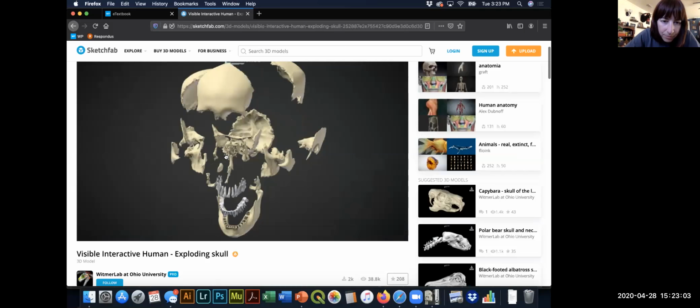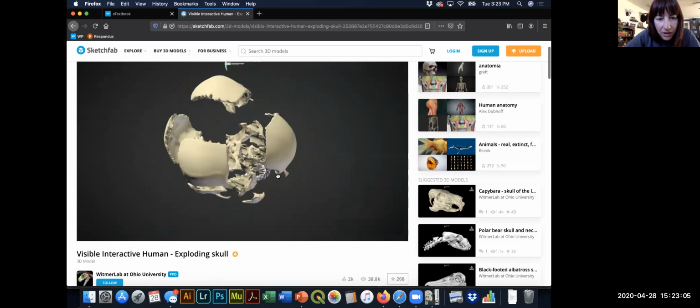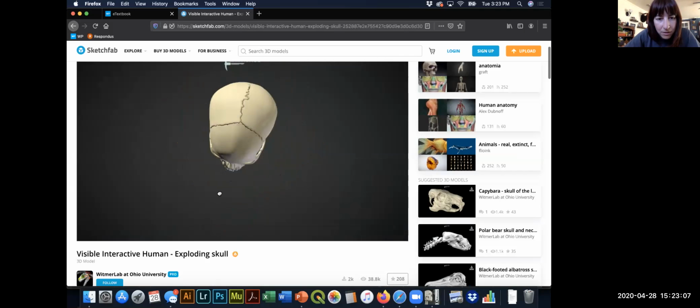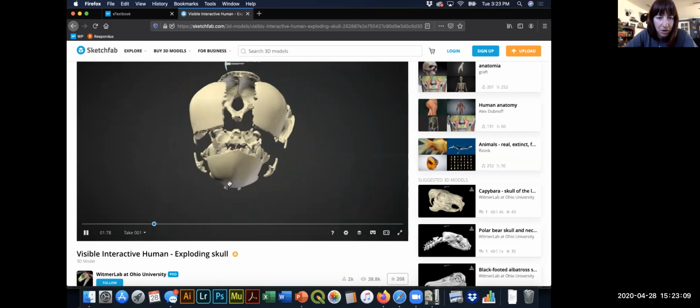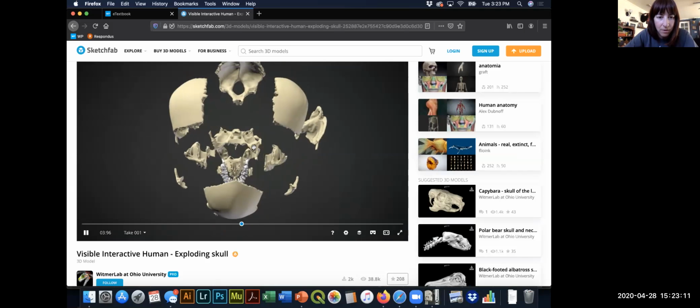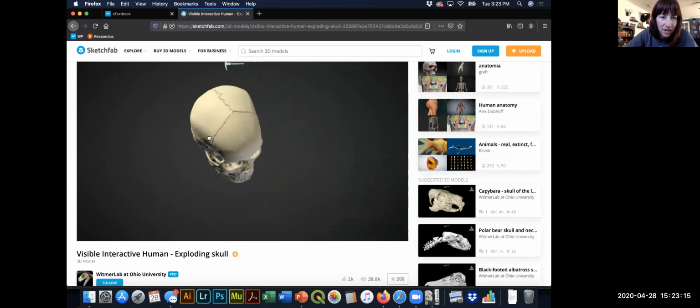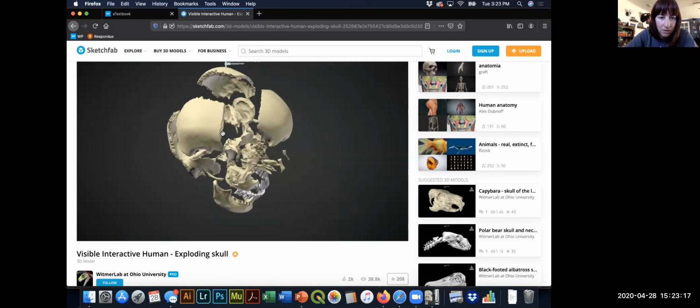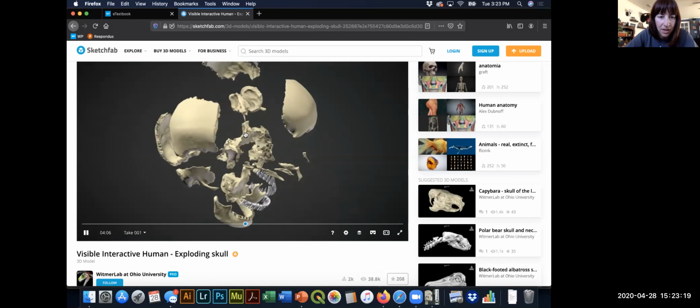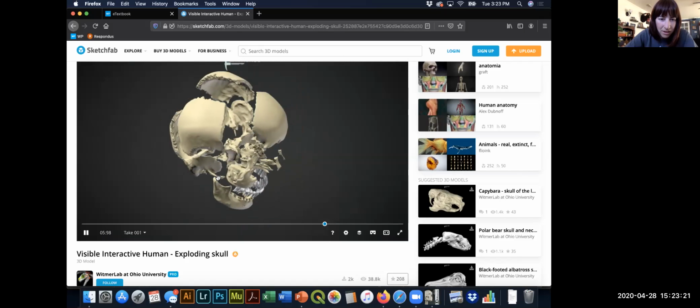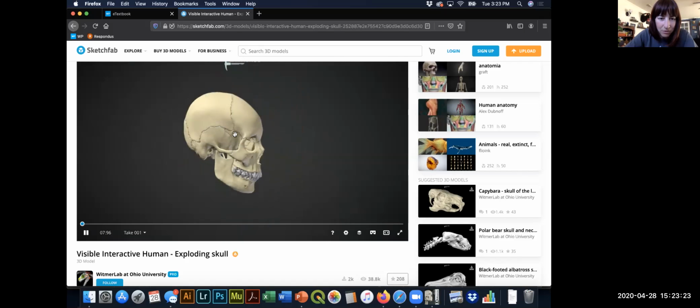So the sphenoid and the ethmoid bone, you look at it from this superior angle. Here's the sphenoid bone, the butterfly-shaped bone, okay? You can see it from both the inside and the outside of the skull, right?